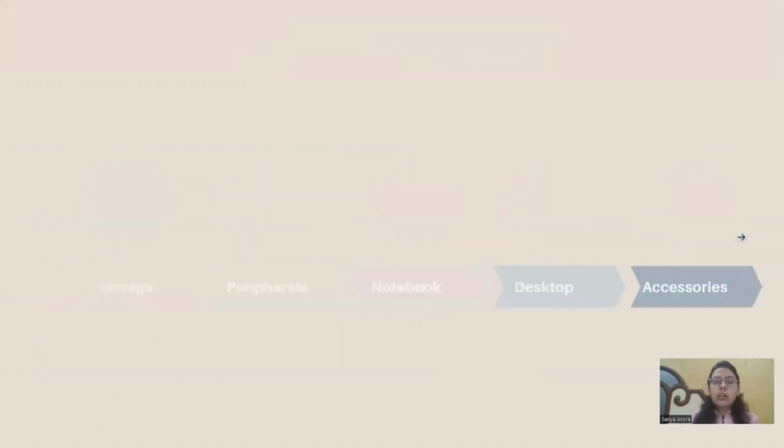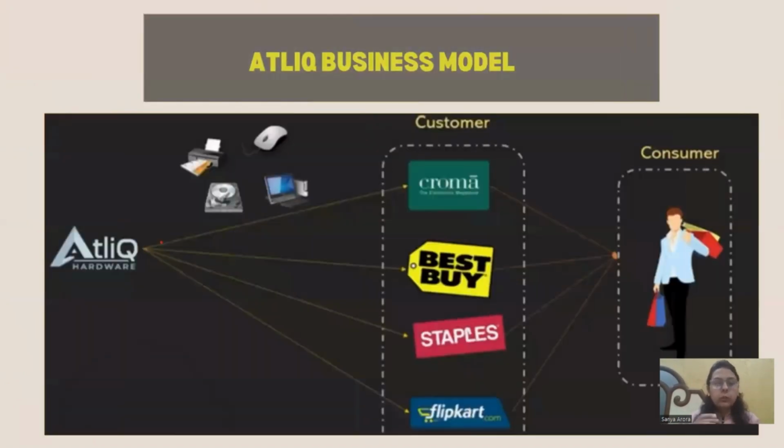These products, divided into different segments, are being sold to the customers, which are Chroma, Best Buy, Staples, Flipkart, for example, and not us. We human beings are not their customers, we are their consumers. So this is the important thing to note. So this is their business model.